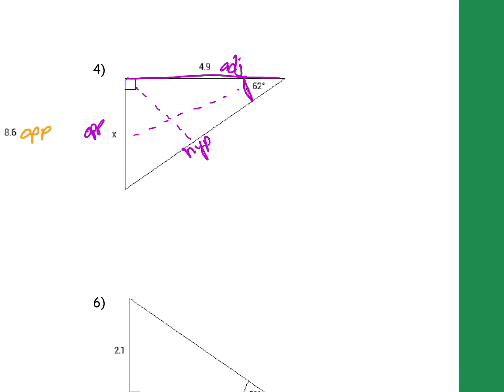Okay, so tangent of 62 equals my opposite, which is x, over my adjacent, which is 4.9. So I'm going to cross multiply, and I'm going to get x equals 4.9 times tangent of 62.